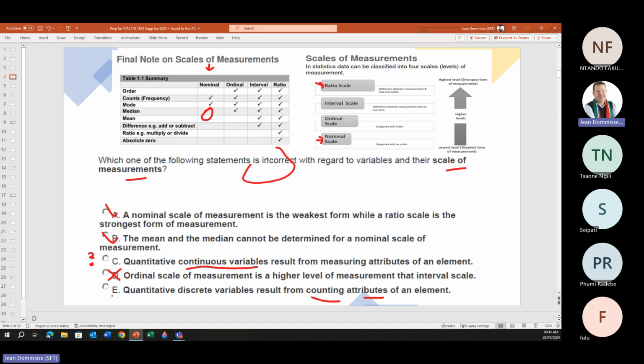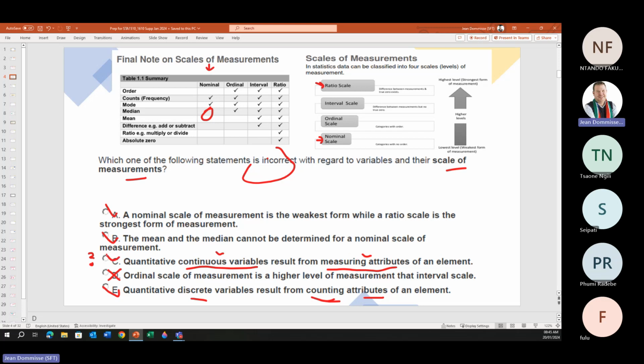Counting attributes, correct. Again, now we can look back. Quantitative continuous variables result from measuring attributes, which is also correct. So if it is discrete, it is counting. Continuous, it will be measuring.